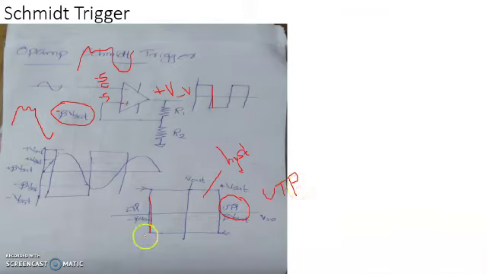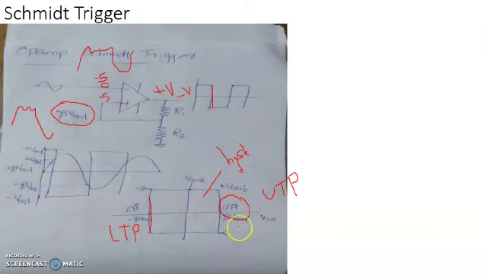Similarly, the strength of input needed so that output will be forced to switch from minus V saturation to plus V saturation is referred to as lower threshold potential, LTP. The difference between UTP and LTP corresponds to the hysteresis voltage.